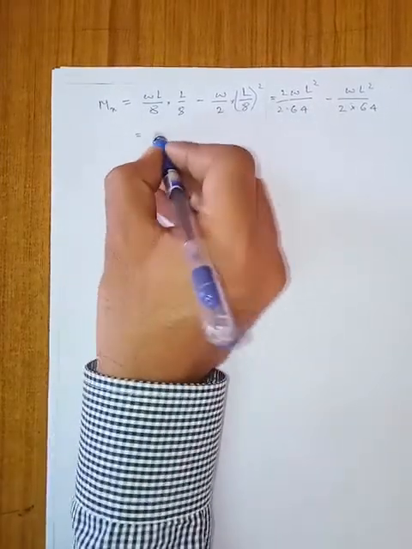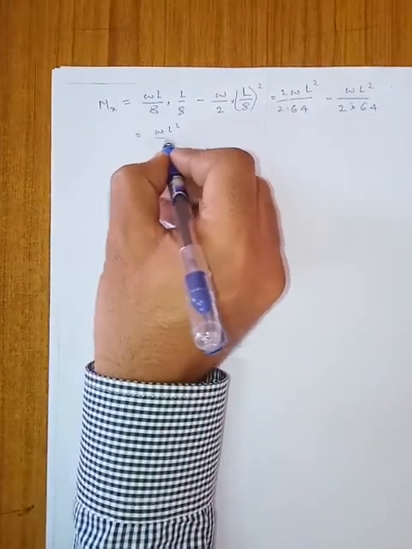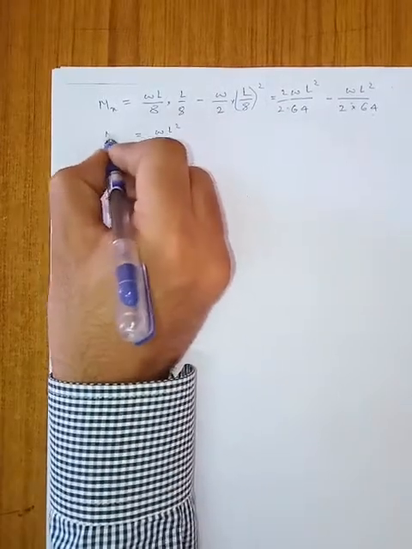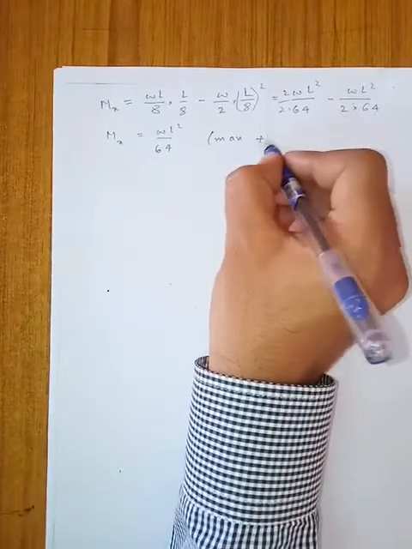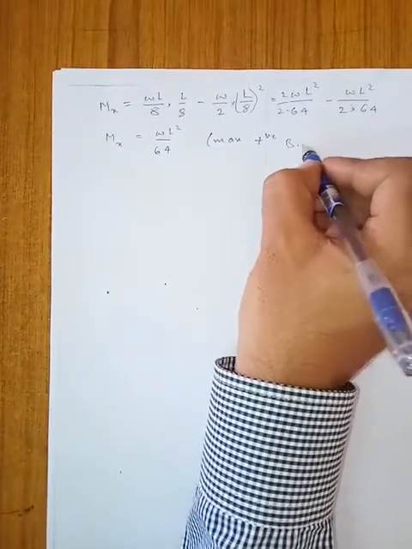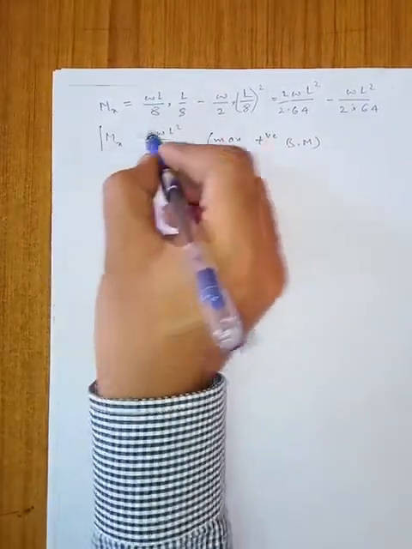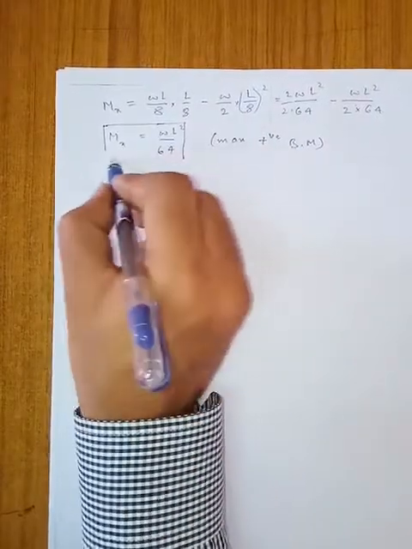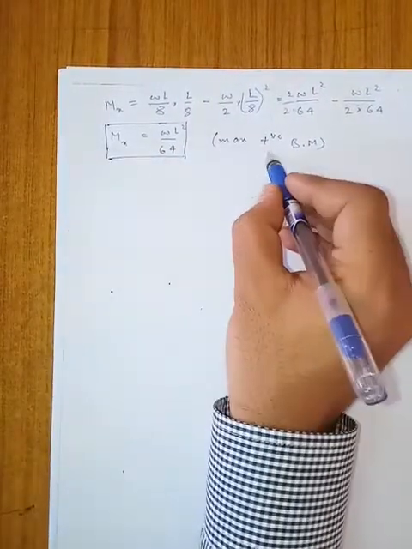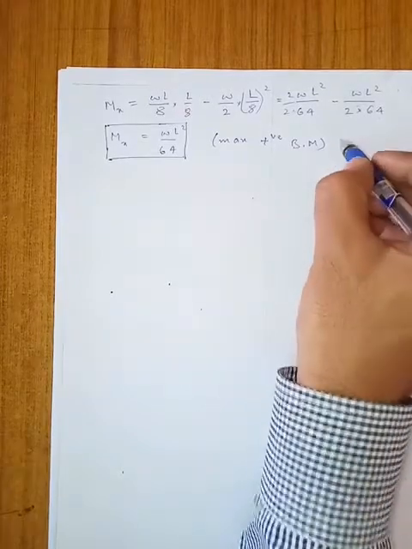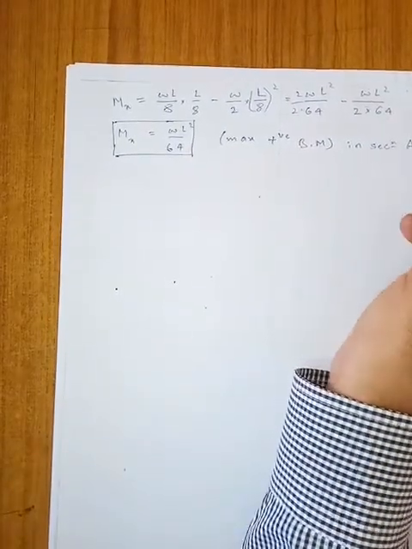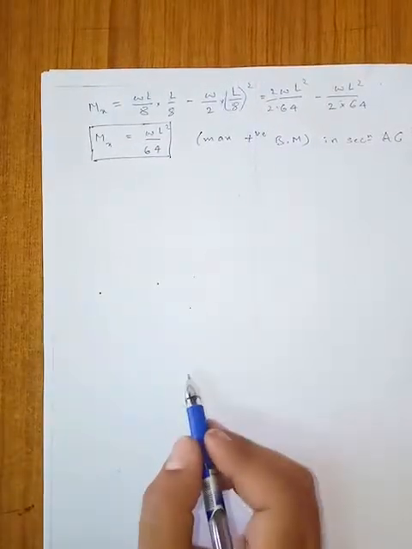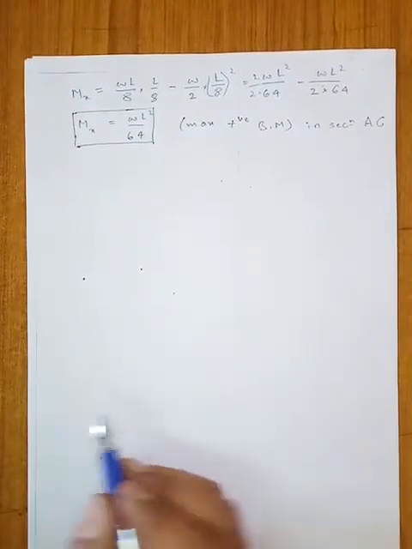So the answer is WL square upon 64. M of x, that is maximum, we have maximum positive bending moment WL square upon 64. Maximum positive bending moment, that is you will get it in section AC.